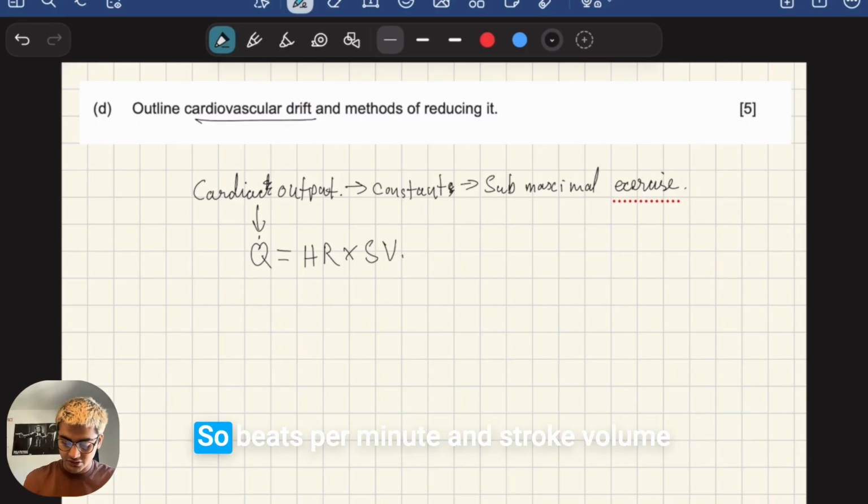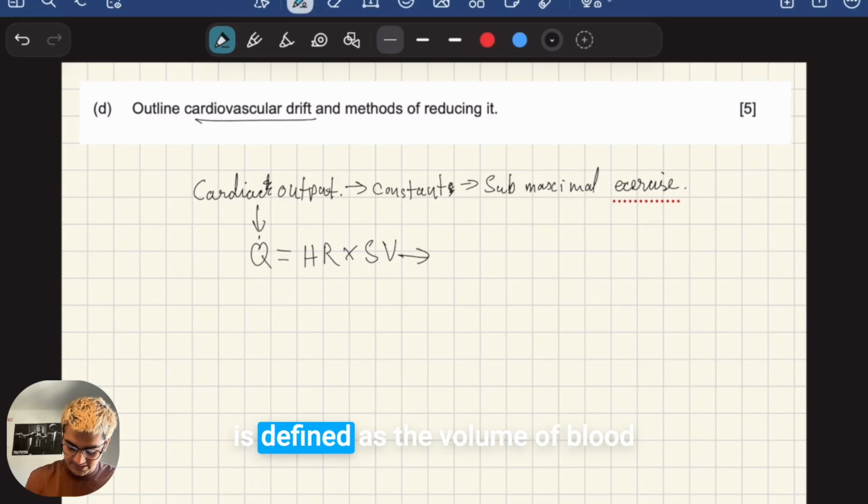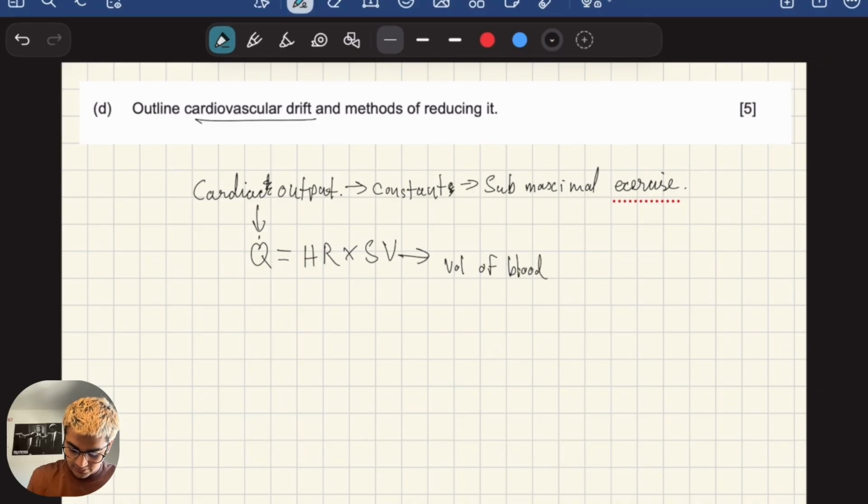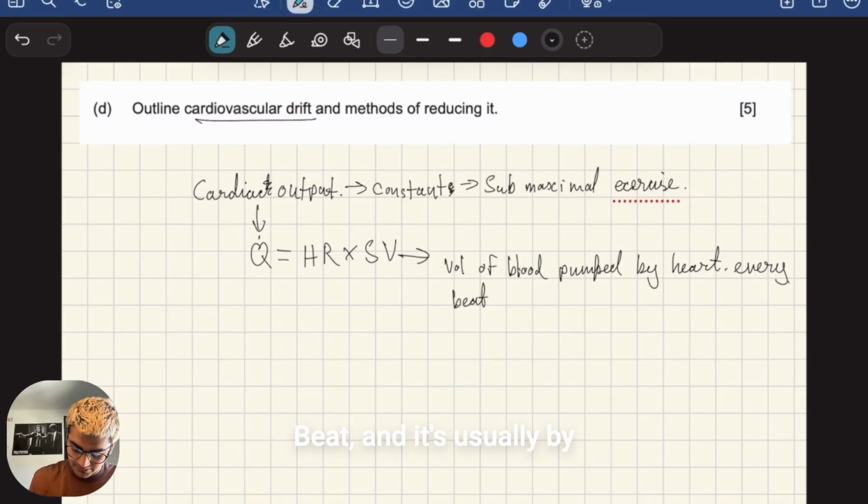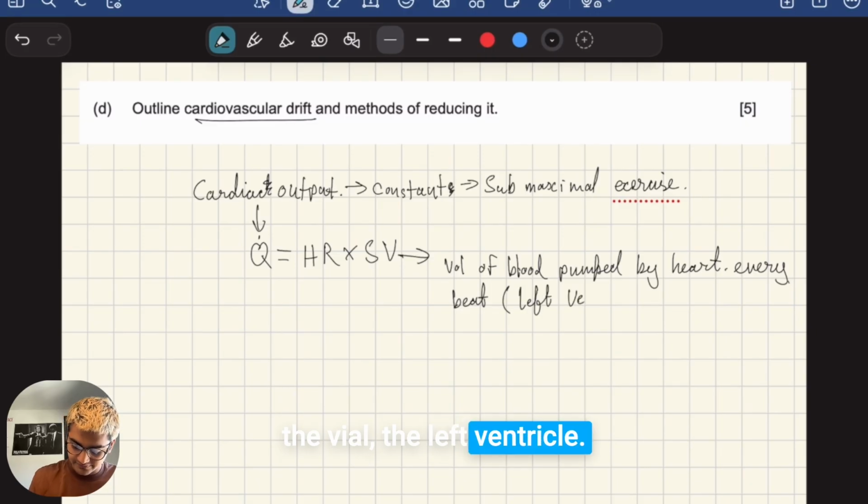Okay, so beats per minute and stroke volume is defined as the volume of blood pumped by the heart every beat, and it's usually via the left ventricle.